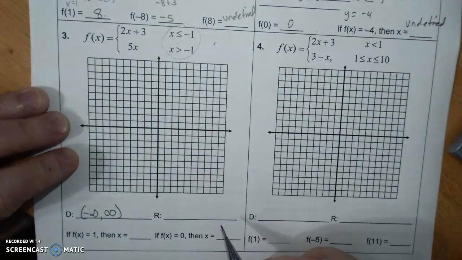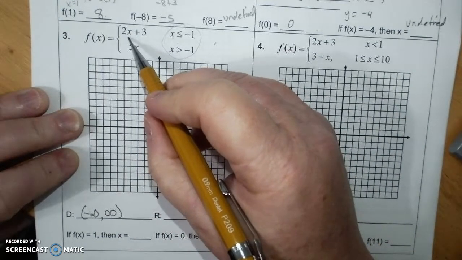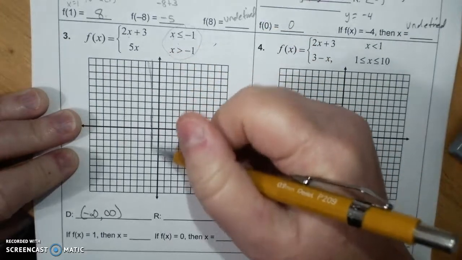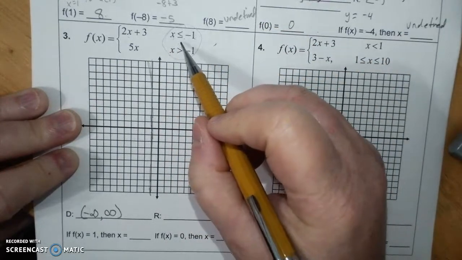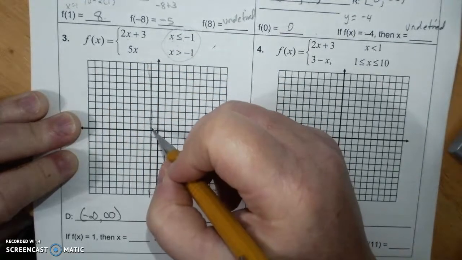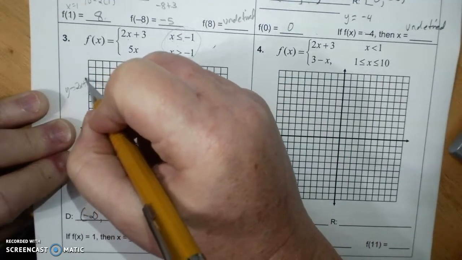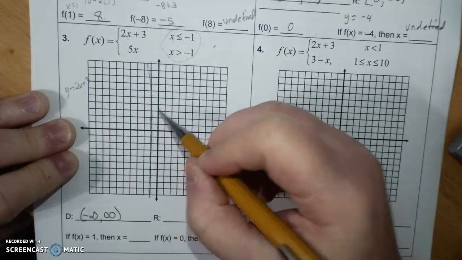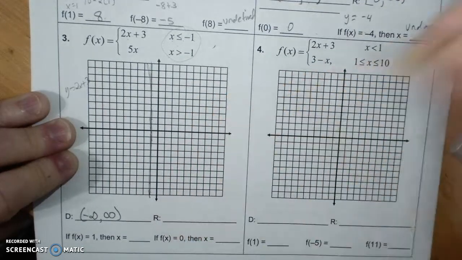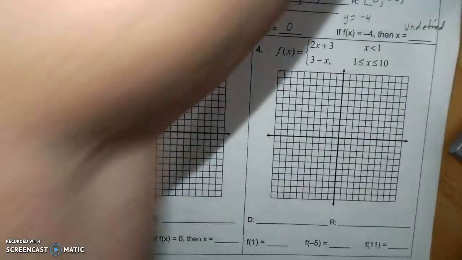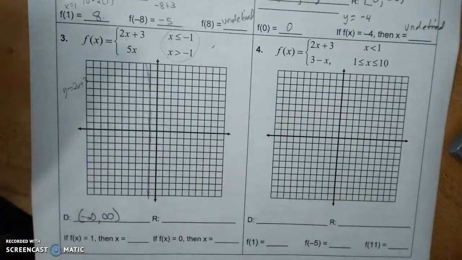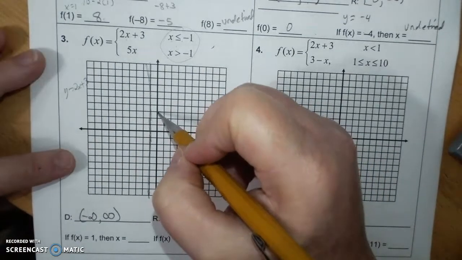So then I go at x is less than negative 1, so I draw my fence, only one fence, because it doesn't give me another bound. And it says y equals 2x plus 3. So y equals 2x plus 3. I go to 3. One, two, 3.